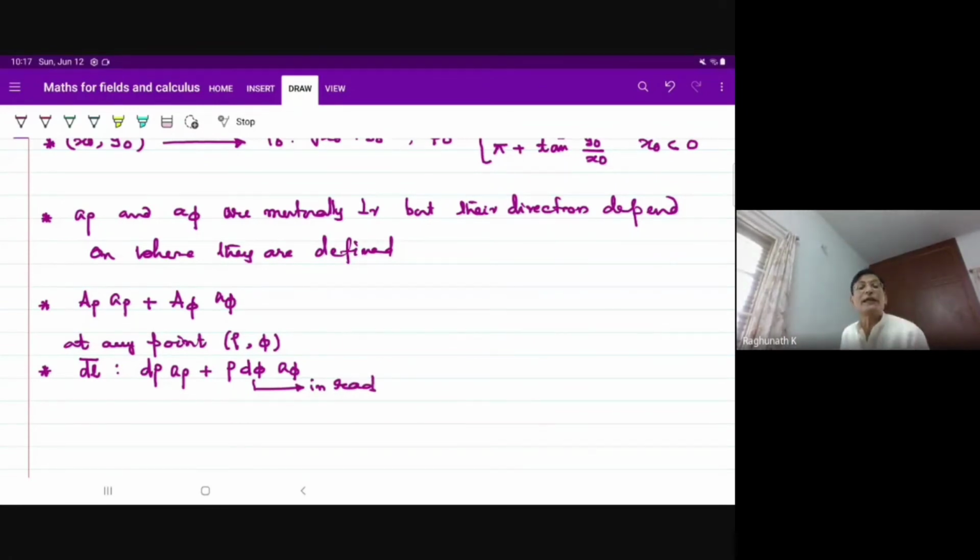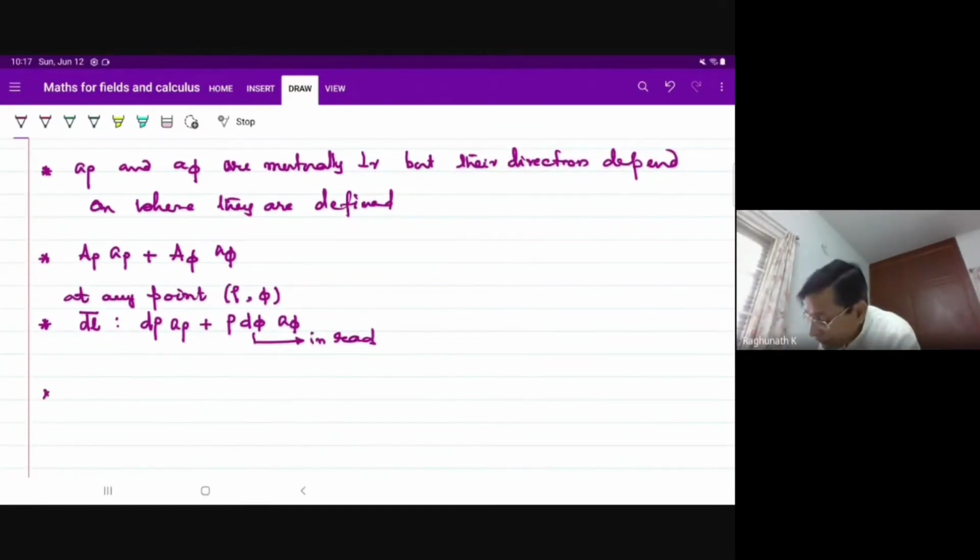Only when phi is in radian, rho d phi is the arc length of the sector. From this, we saw that any differential length dl is equal to root of d rho square plus rho square d phi square.